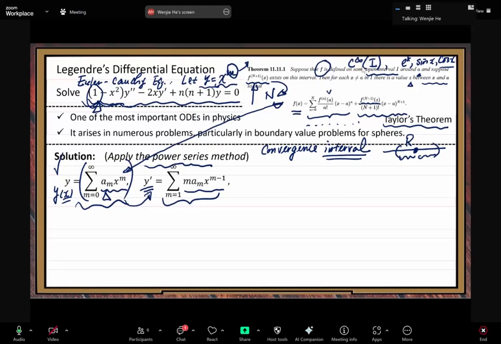Inside the convergence interval, this summation is also convergent. That's nice. That's all we need. So you can comfortably take the derivative, because on this side you assume you are working in the convergence interval, and on this side too.